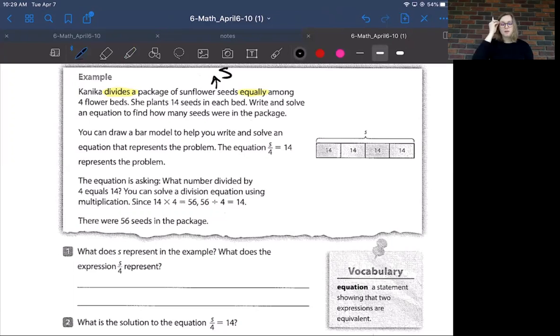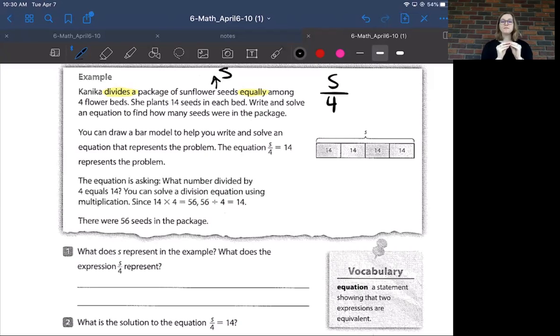So in terms of thinking about how to write this, I know that I have some number of sunflower seeds, S, and I'm dividing them equally among 4 flower beds. So I'm dividing those seeds into 4 flower beds, okay? Now, it says that she plants 14 seeds in each bed.